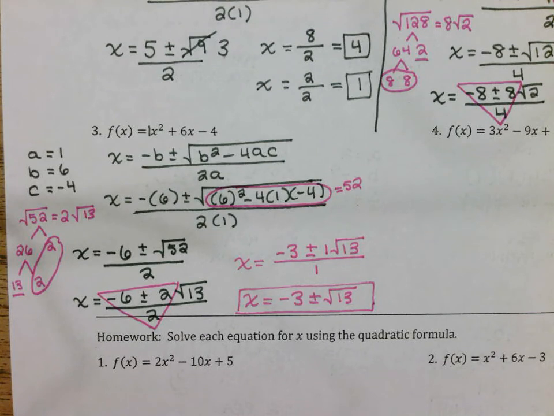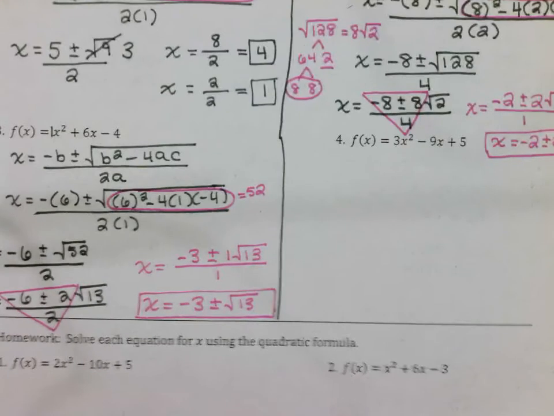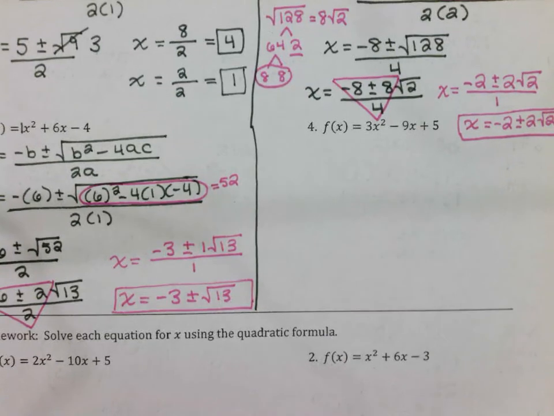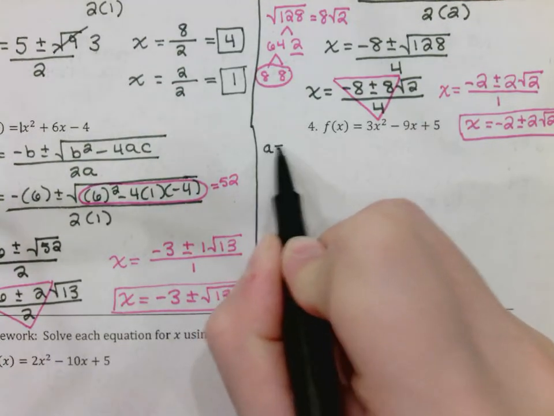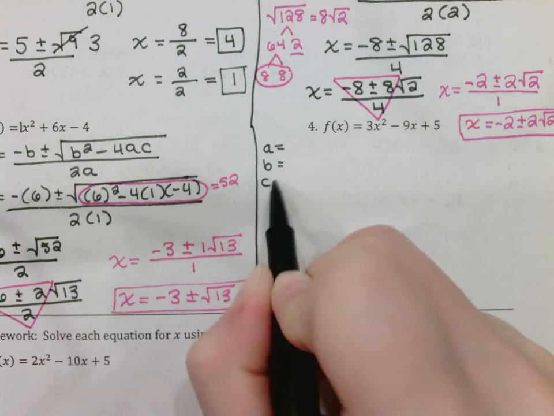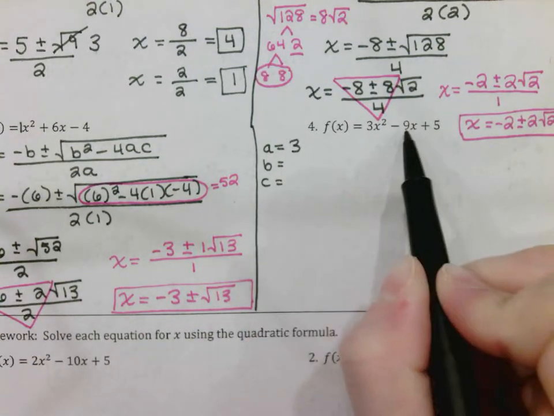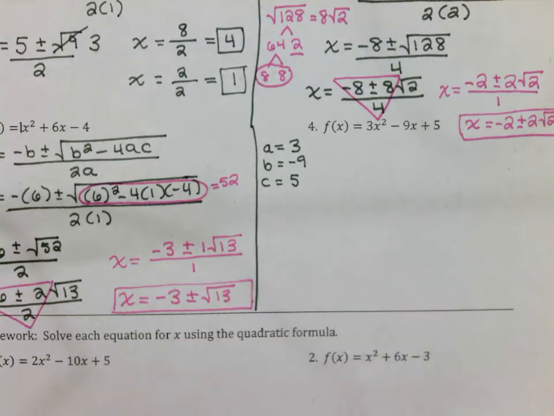Okay, and the last question here. Number 4. You may want to pause the video and try this one or some other ones on your own. Okay, so we're going to find A, B, and C first. Looks like A is 3, B is -9, C is 5.